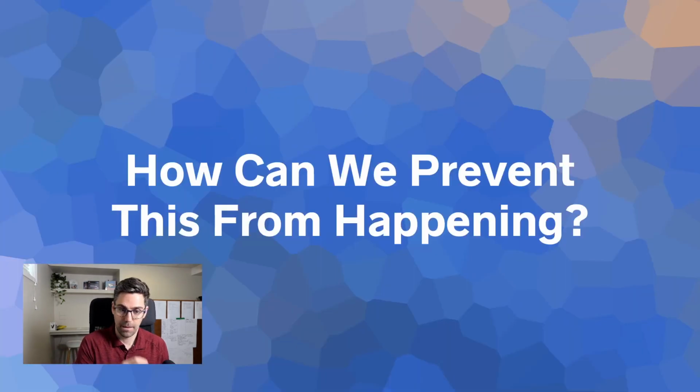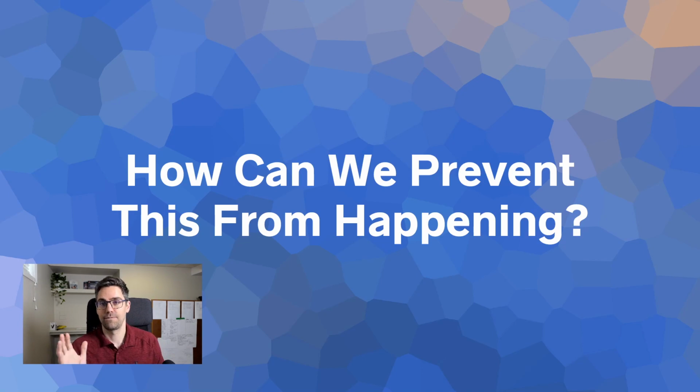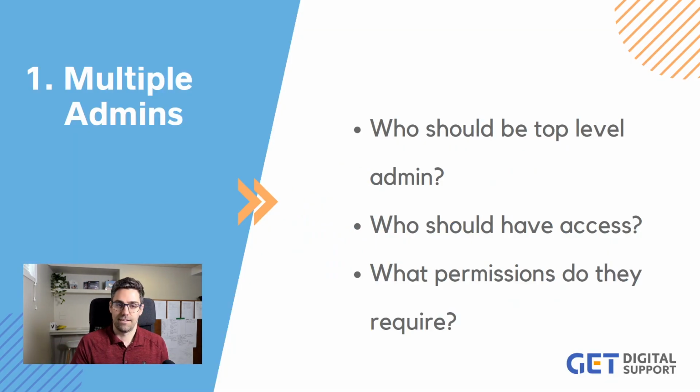So here's how we can prevent this from happening. There are a couple of things. Number one is multiple admins, so not just one person. The key question you need to ask is, who should be top-level admins? Is it executive directors? Is it board members?